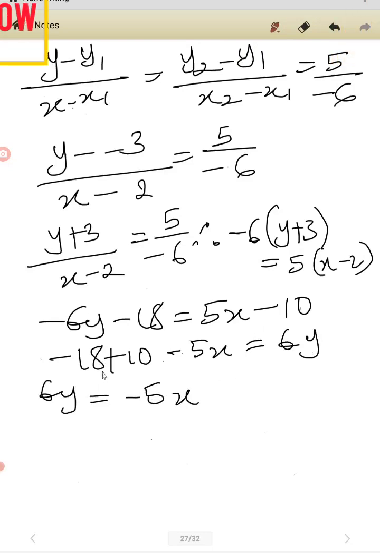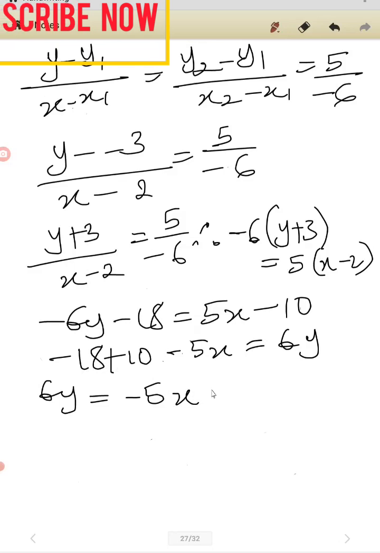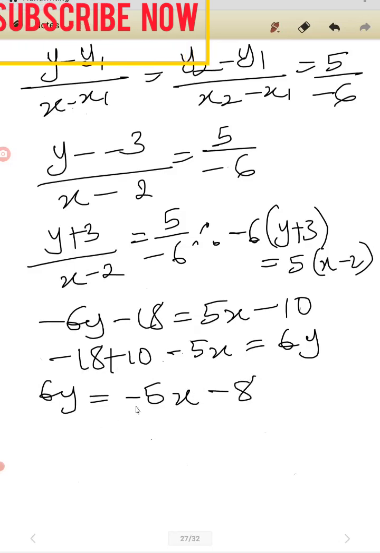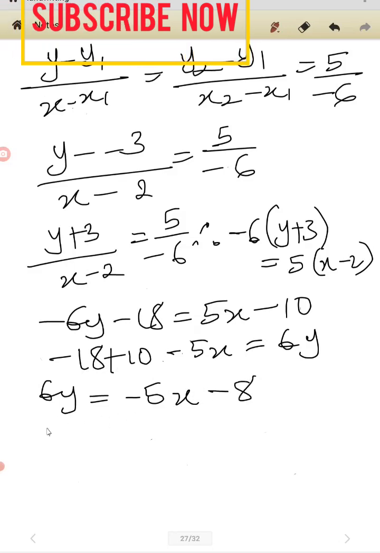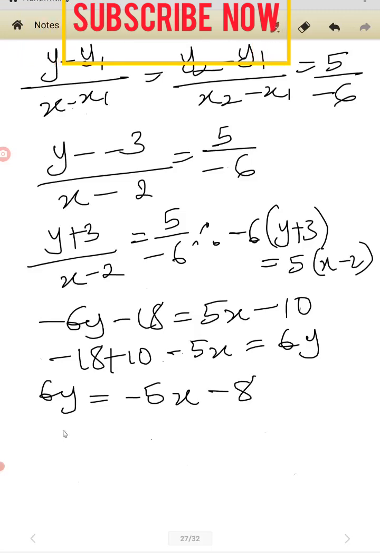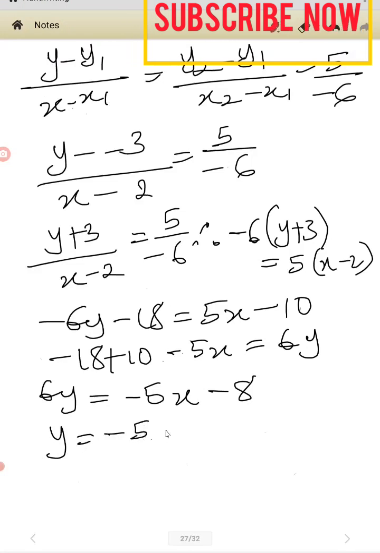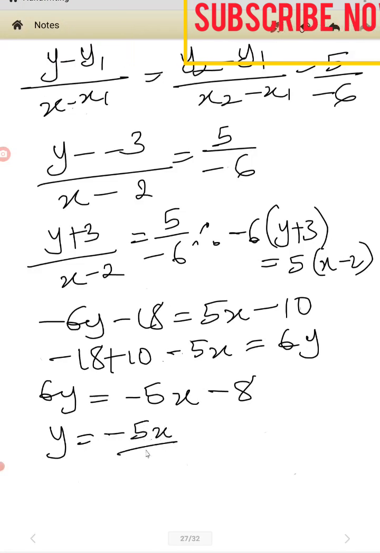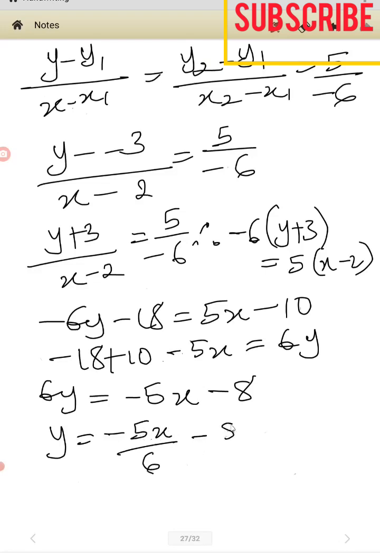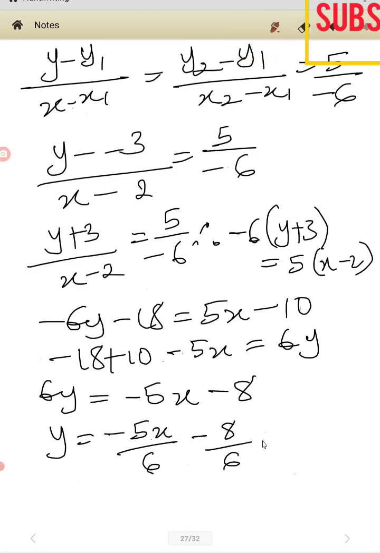So by the time you add, minus 18 plus 10 will give you minus 8. So let's divide all through by 6. So we have y is equal to minus 5x all over 6 minus 8 over 6.